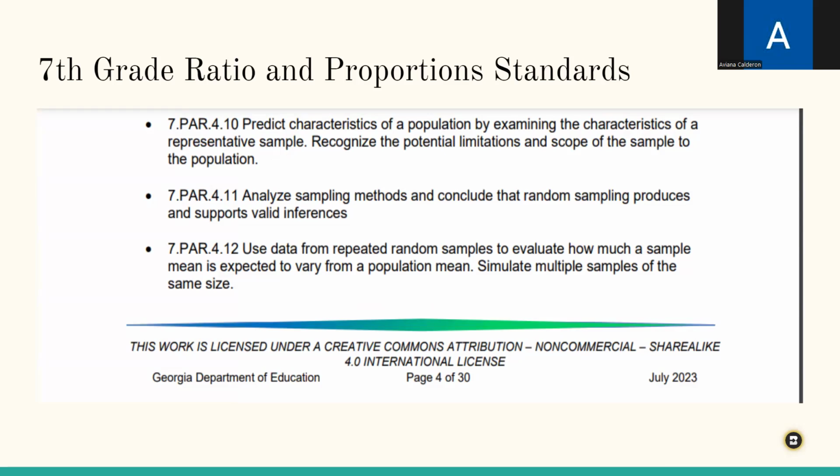Those are actually statistics standards that have been embedded into the ratio and proportion standards due to their common nature. For example, 7.PAR 4.12 states: use data from repeated random samples to evaluate how much a sample mean is expected to vary from a population mean. Simulate multiple samples of the same size.